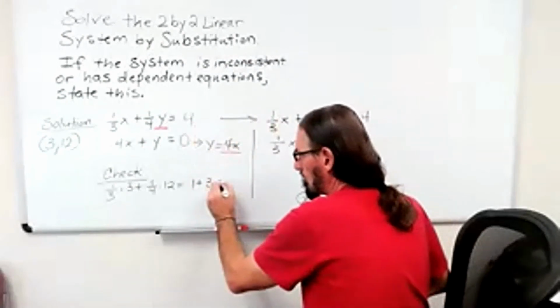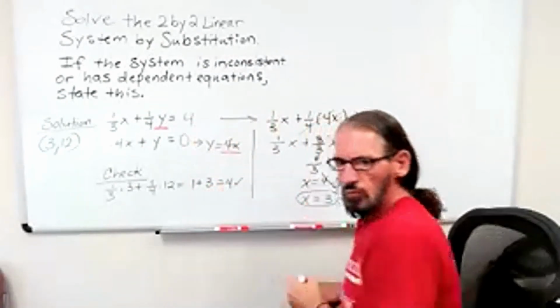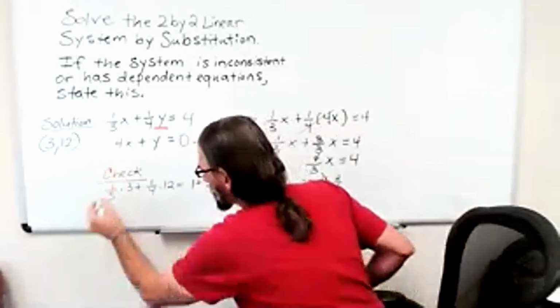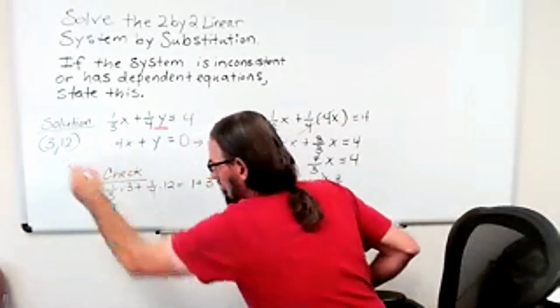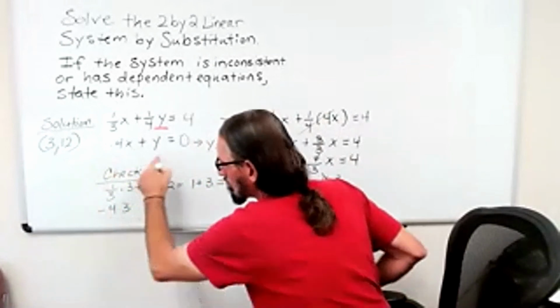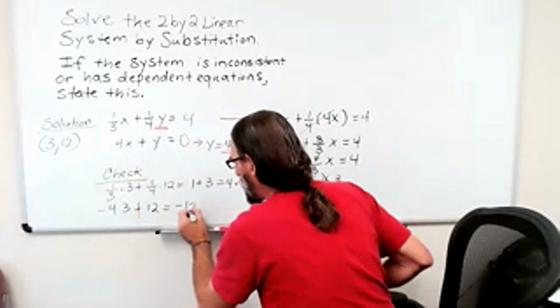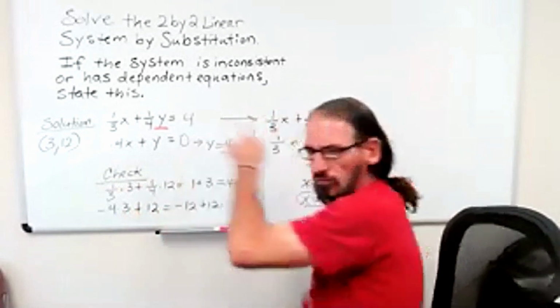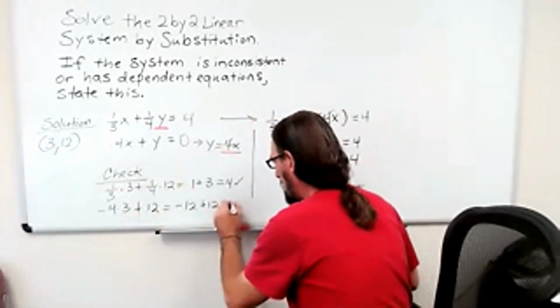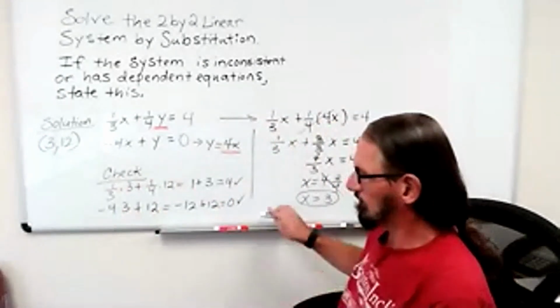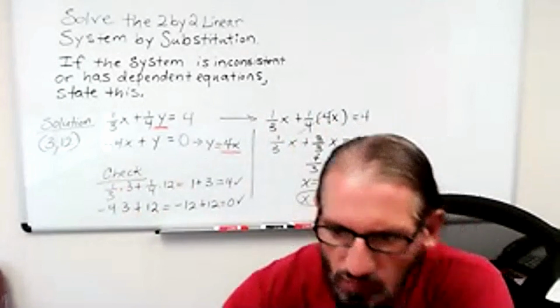That does equal the 4 that we wanted in the first equation. On the second, -4 times the 3 plus the 12. -12 plus 12 is 0. So that is our solution to this system.